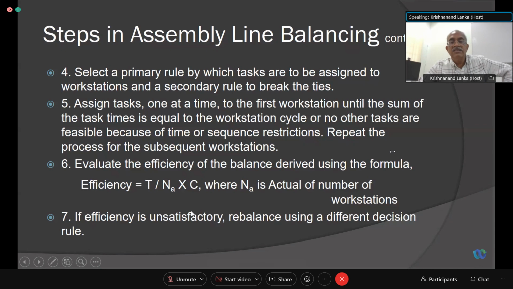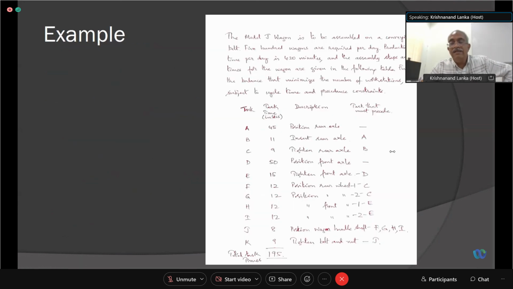If efficiency is unsatisfactory, rebalance using a different decision rule. You can try other alternatives to see whether we can reallocate without disturbing anything. That is how you adopt the procedure for assembly line balancing.